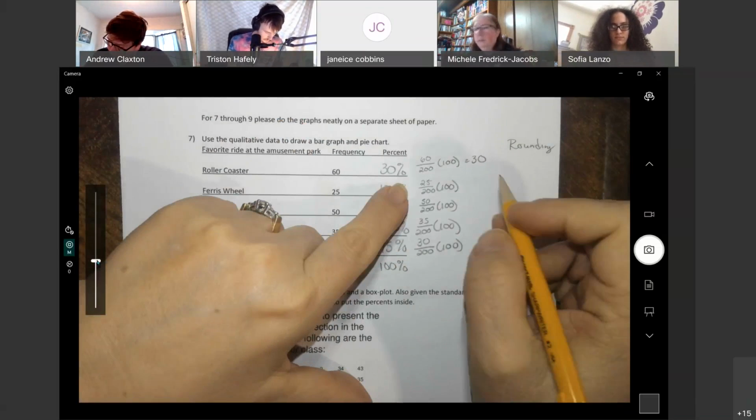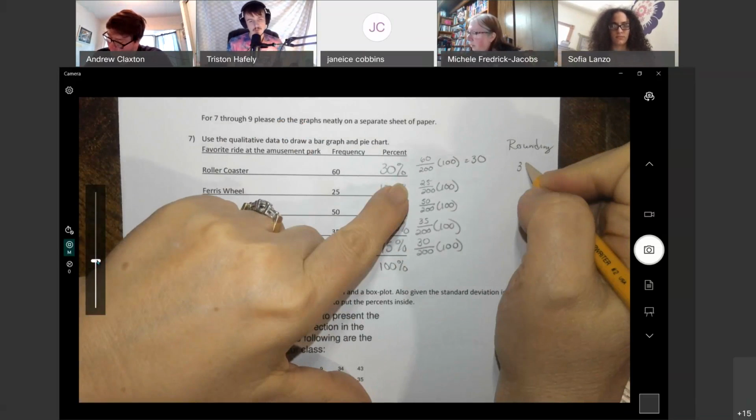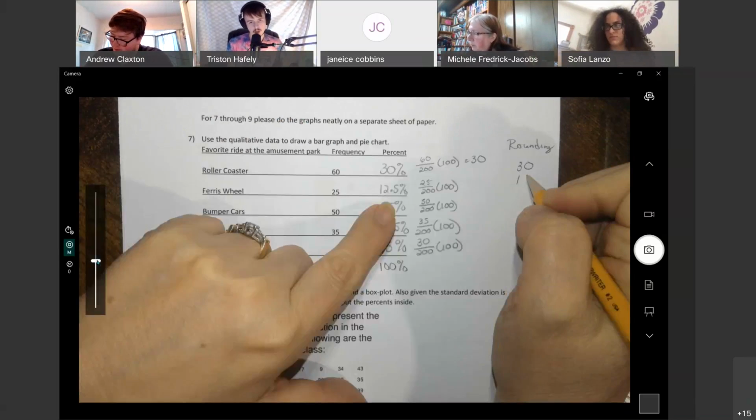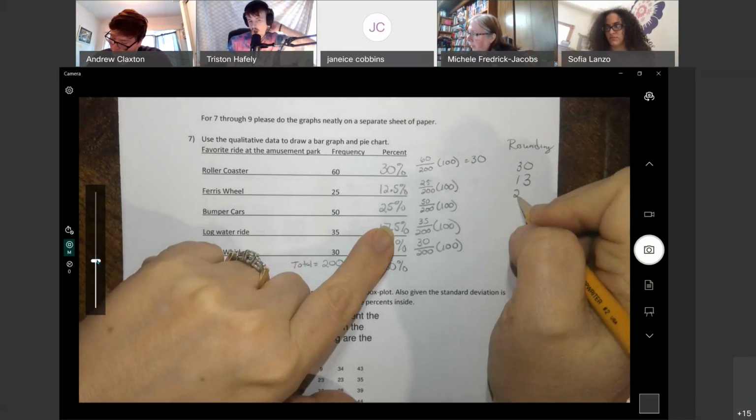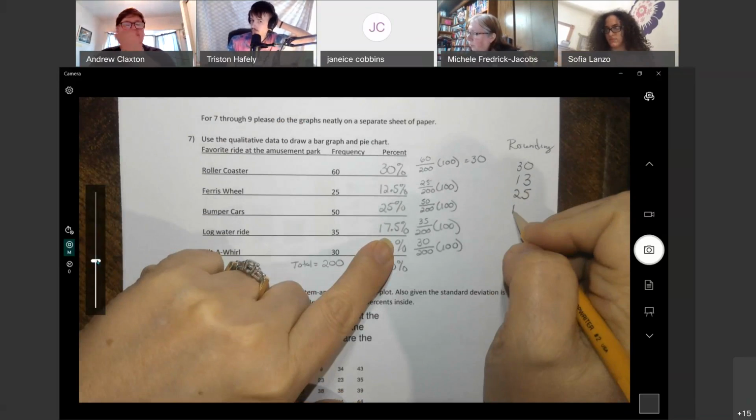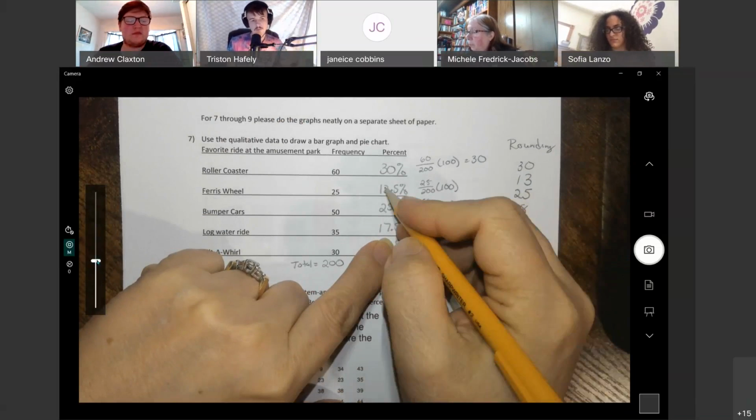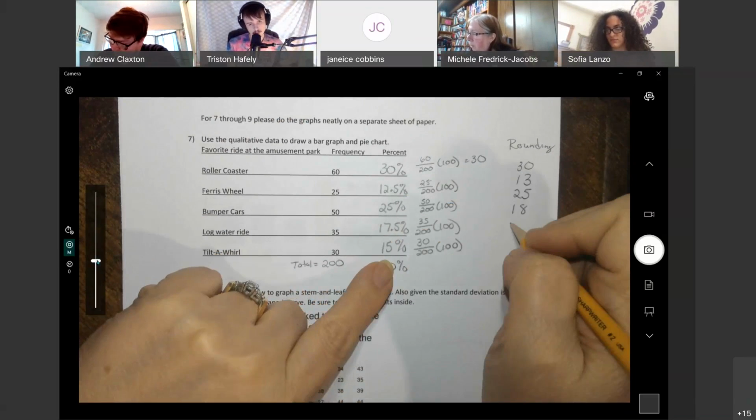If we rounded this, we have this 30. Now this one's going to round up because of the 5. But what happens is this other one also rounds up. So they both rounded up, which makes it off.